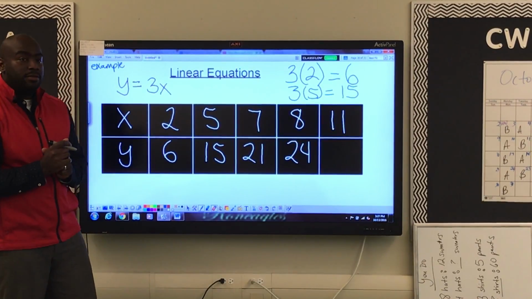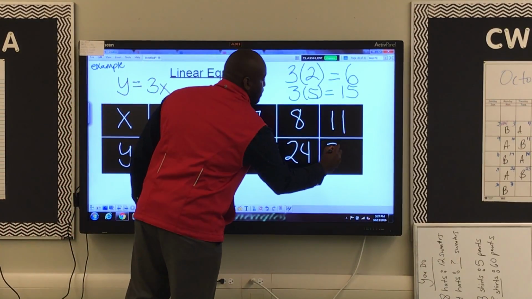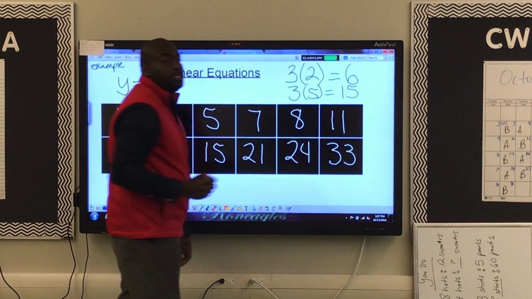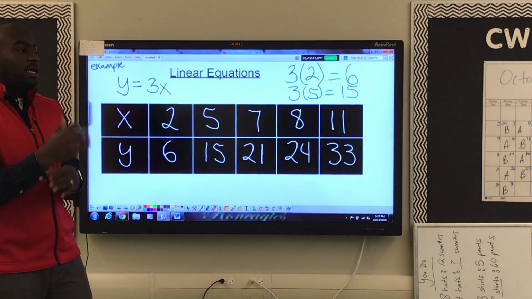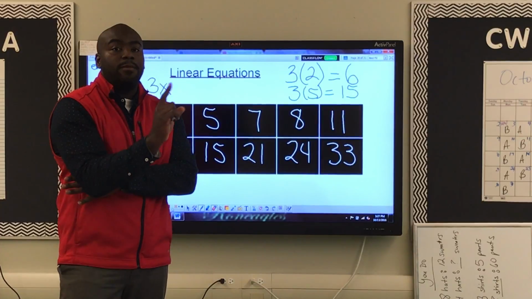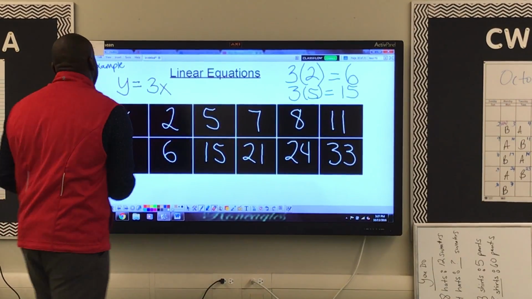And 11 times 3 is 33. This is my example. If you look on your handout, you'll see problem 1. Problem 1 is coming up. You're going to solve it the exact same way I did.